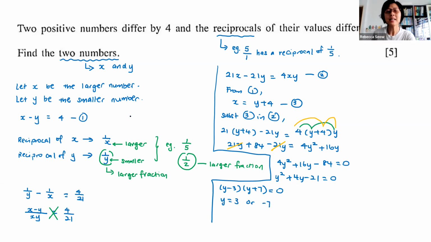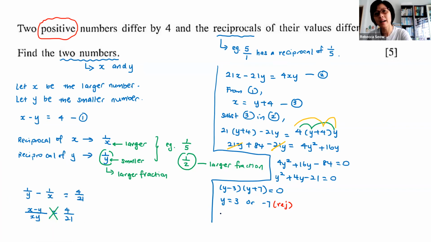Now, is there a value of y that we have to reject based on the conditions given? If you look closely at what the question says, the numbers must be positive. So which is the number that is not positive? We have to reject that, so I will put the word reject next to negative 7.